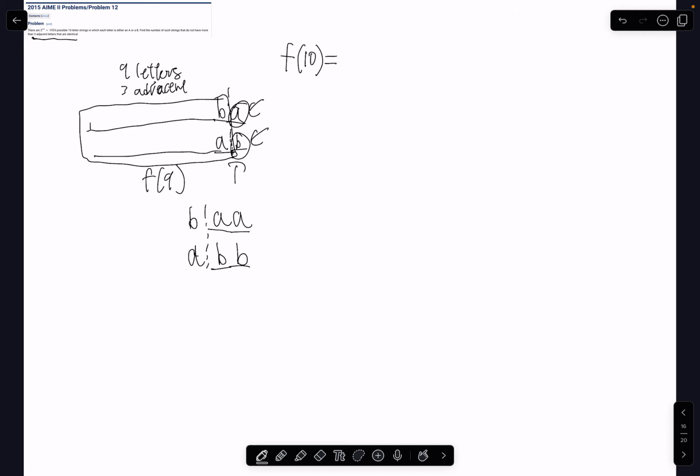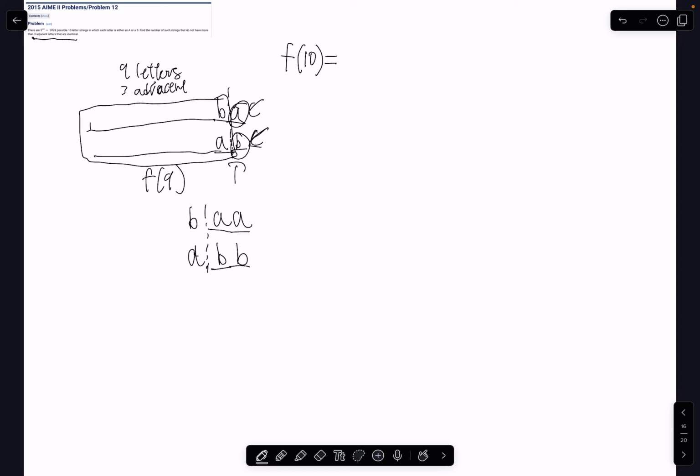If we just took into consideration the one where it ended with A, we can only have f of 9 such that it ends in a B. But we counteract that by also looking at the case where the last letter in the f of 10 sequence is a B. So now f of 9 can also end in an A, so this is going to count the total spaces of f of 9 sequences.